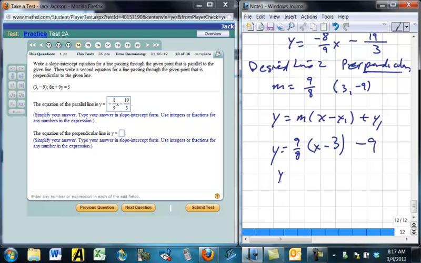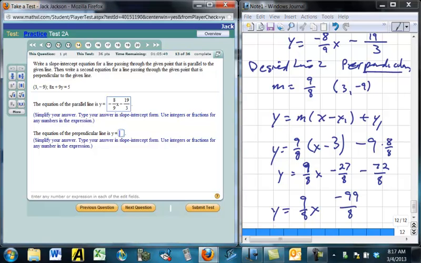They want it in slope-intercept form, so distribute: 9/8 x minus 27/8. You multiply top and bottom by 8 here, so that's negative 72/8. That's negative 99/8 when we combine like terms. So y equals 9/8 x minus 99/8.